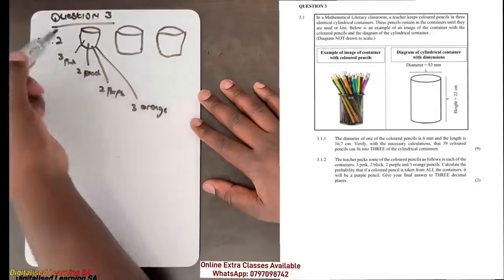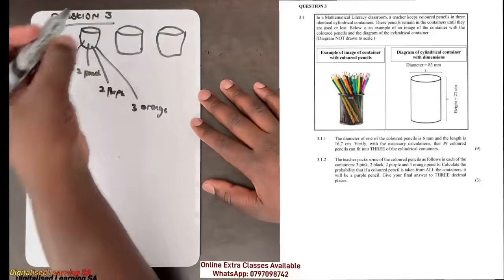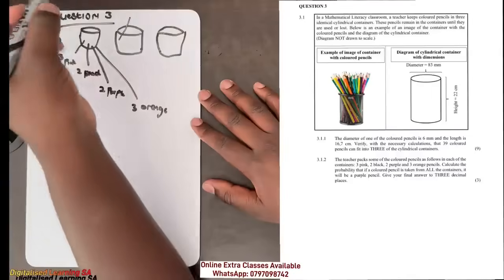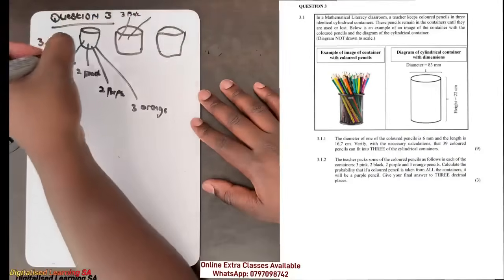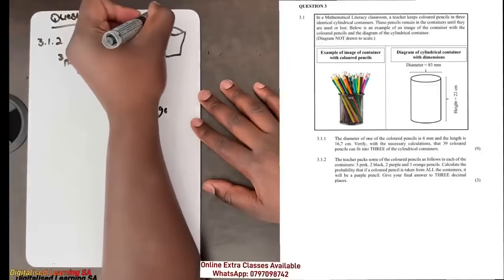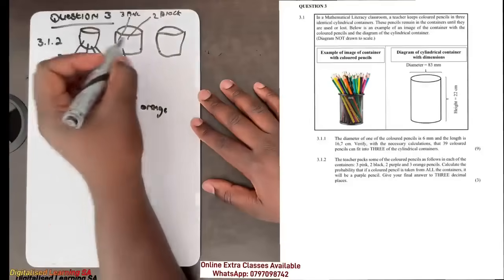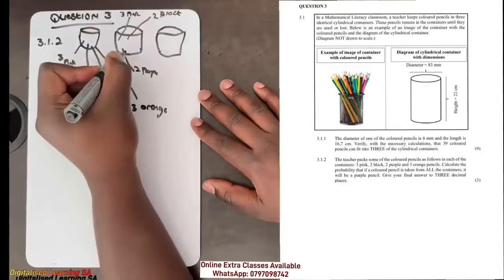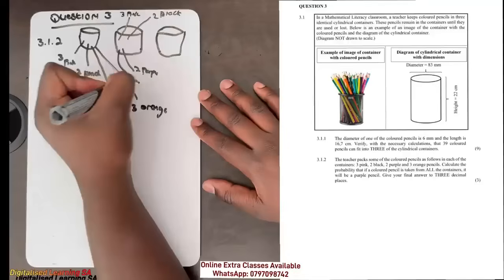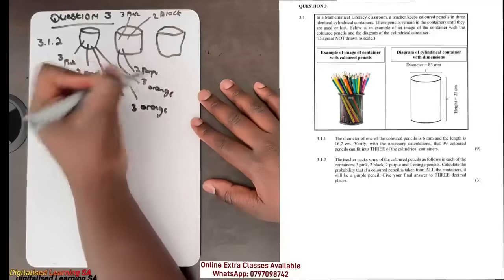So they packed like this in all 3. So even here we still have the same. We have 3 pink, we have 2 black, we have 2 purple, and we have 3 orange. So that's what that statement is saying.